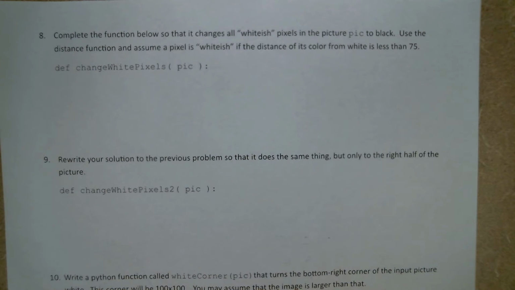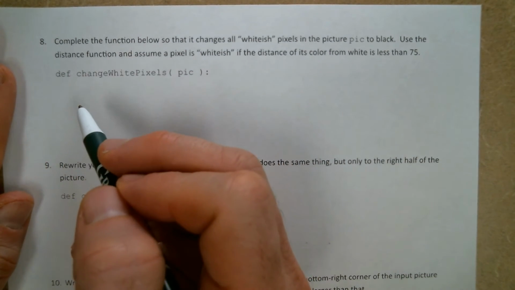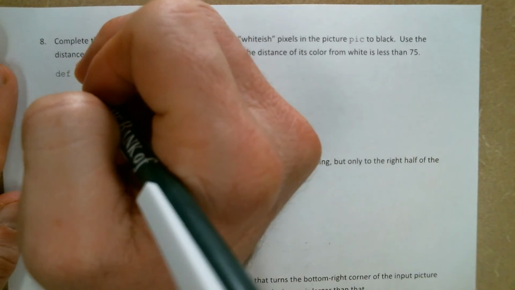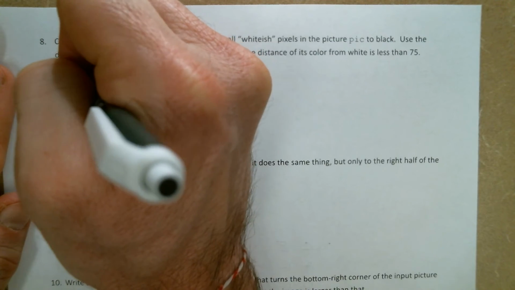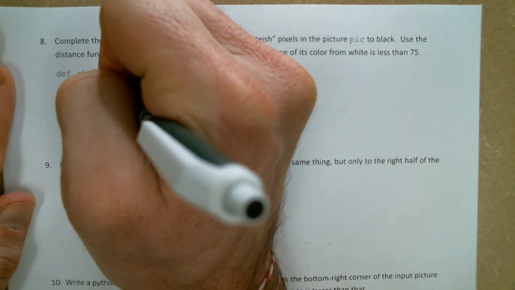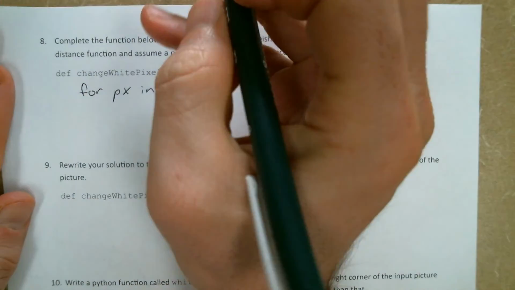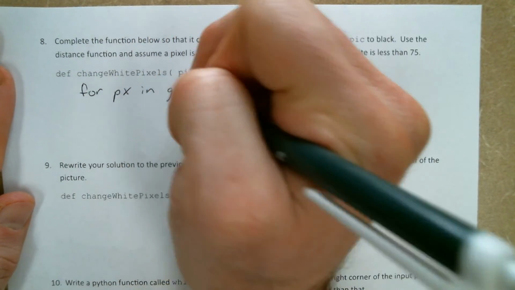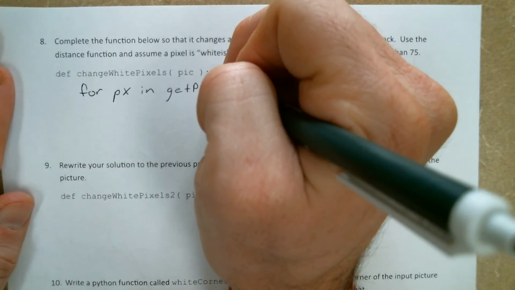It was the clock face was the first time that you used it. All right, so in this case, we have to go through the entire picture. So I'm going to use the style of loop where we just say for px in get pixels, which is a built-in JEST function.